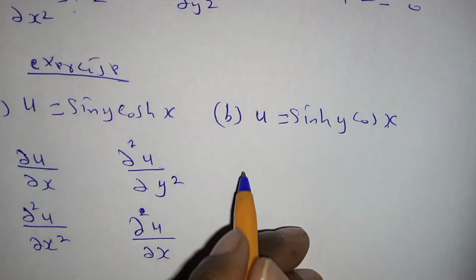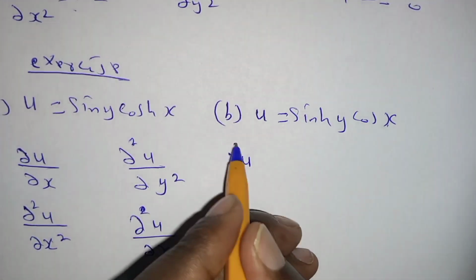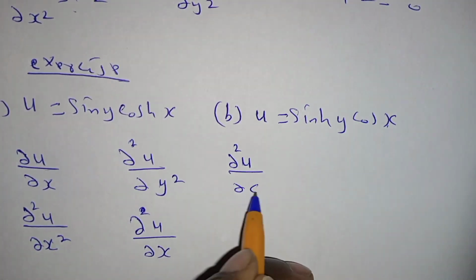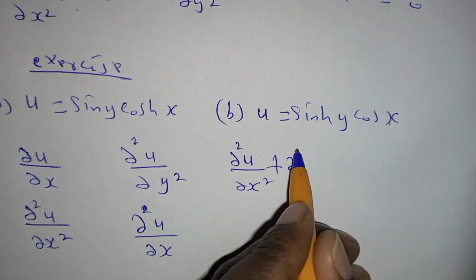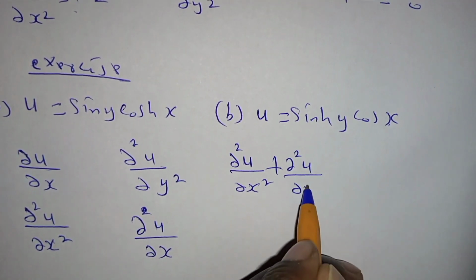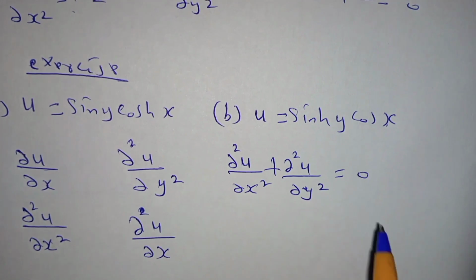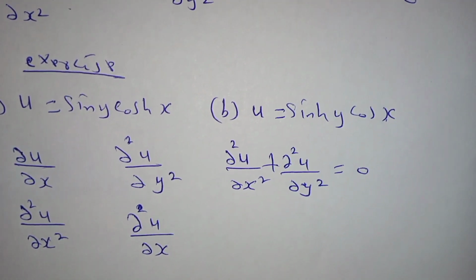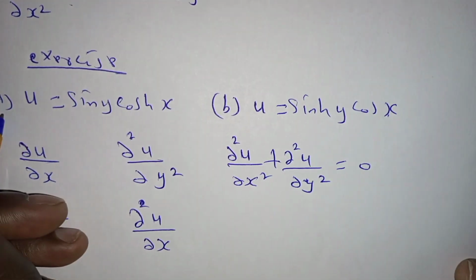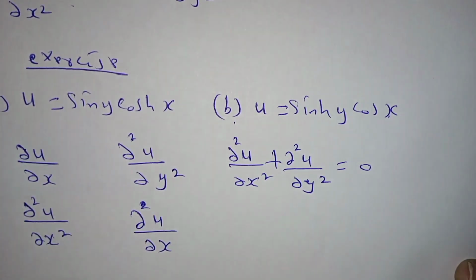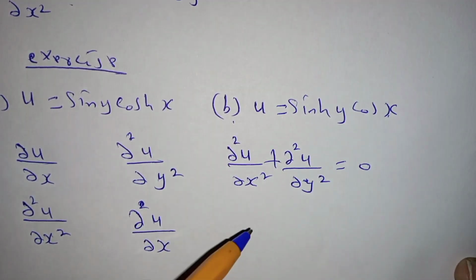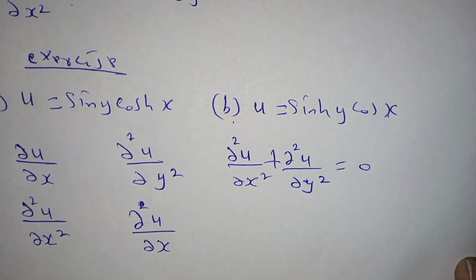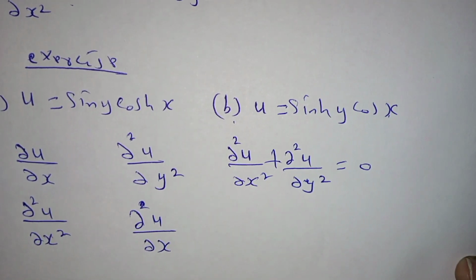Then you compare whether the second partial of u with respect to x plus the second partial of u with respect to y is equal to 0. In case you get your result is equal to 0, then it follows that A and B are harmonic functions. In case it is not equal to 0, then it means they are not harmonic.